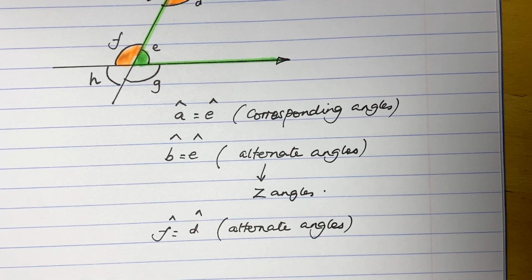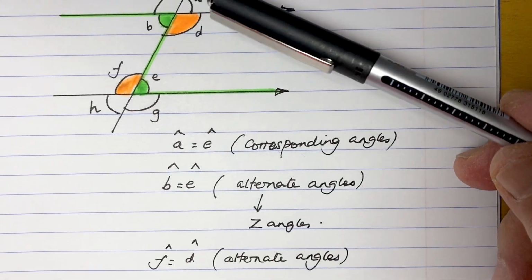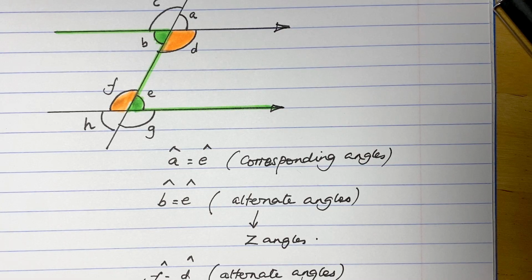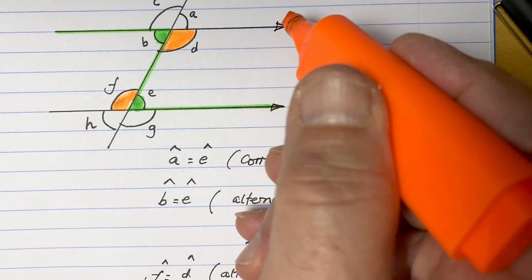Now, the two angles inside, they refer to them as U angle or C angle.